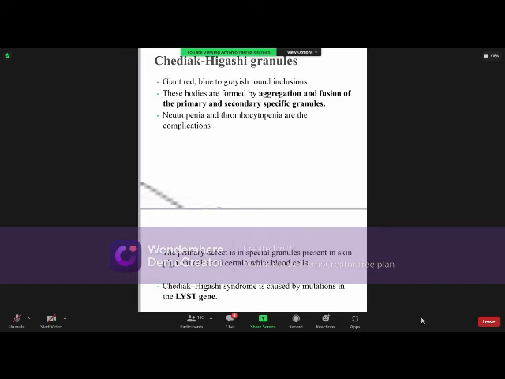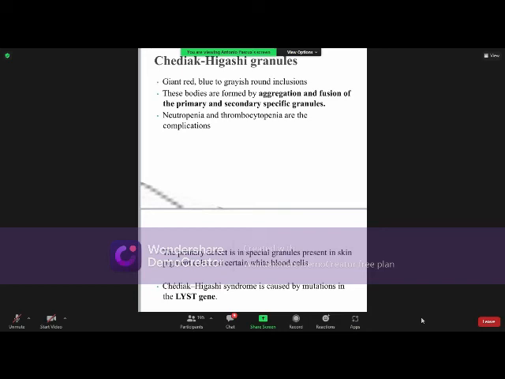If your primary and secondary granules fuse, your neutrophils now become less chemotactic because of membrane defects. Okay? The function of our WBC is now affected. And that's why patients with Chediak-Higashi anomaly are susceptible to acquiring different forms of infections.